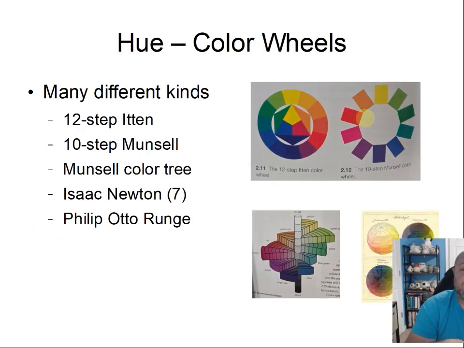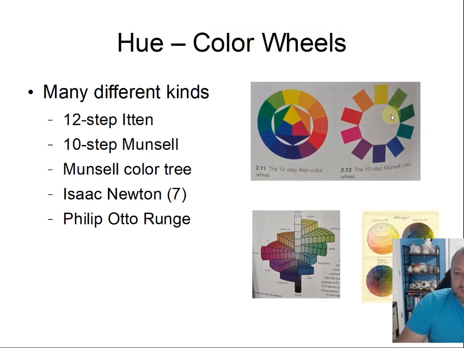So color wheels, there's a couple different kinds. The book has the 12-step ITTEN, which is the one you're most probably familiar with, which is going to be your red, yellow, and blue as your primaries, and your green, orange, and violet as your secondaries. That's your ROY G. BIV without the I. A lot of people will say, oh, these are your tertiaries, but really, like our book says, and like I've always been taught, anything else is a tertiary.